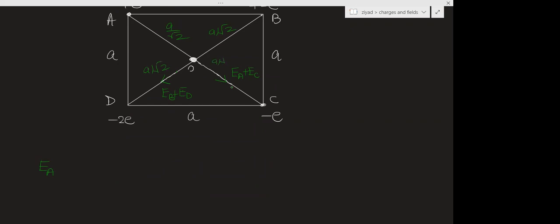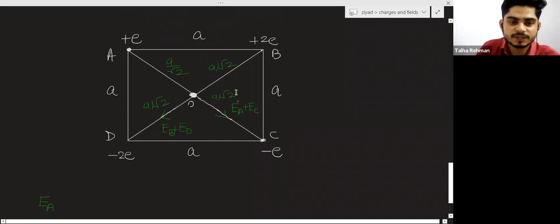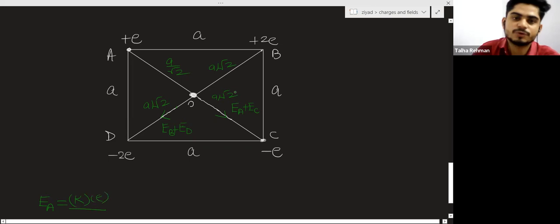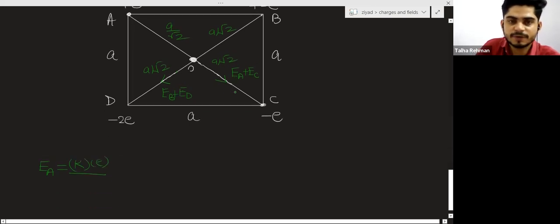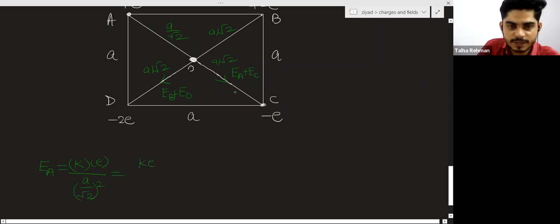For calculating EA, what is the formula? kq by r squared. For q we will take e, and for r we will take a by √2, so kq divided by r squared means a by √2 squared. So this is ke, and when you calculate, this will become a squared by 2, so this will become 2ke divided by a squared.